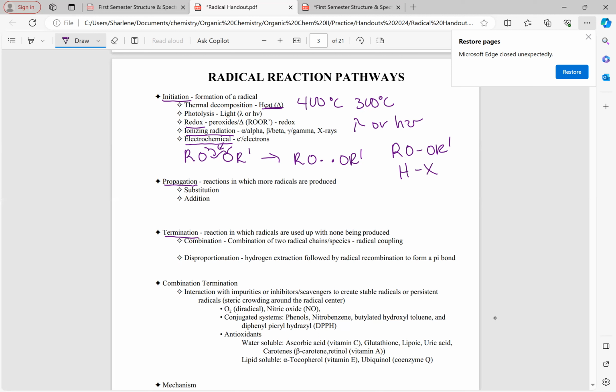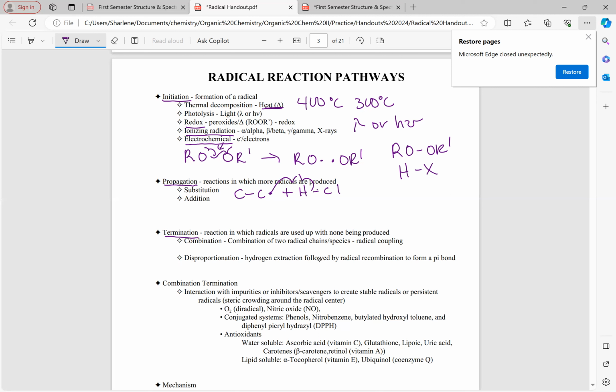What about the propagation phase? Propagation means you already have a radical, and we're going to be making another radical. So let's just do substitution. Let's say I already have this radical. It will react with something else, let's say an HCl.